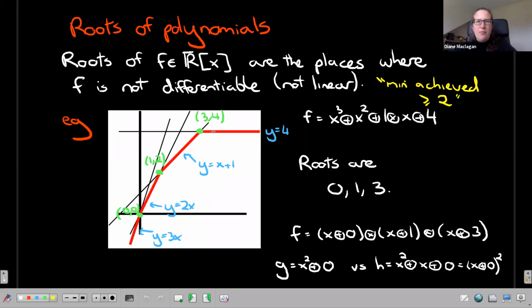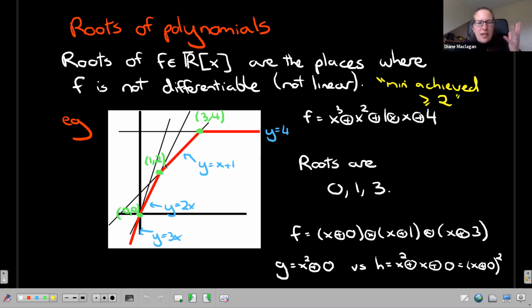Here the minimum is y equals 4. Here it's x plus 1. So at x equals 3, the minimum is achieved at both x plus 1 and 4. So the minimum is achieved at least twice. In this case, we've got these 3 points where the graph is not differentiable.